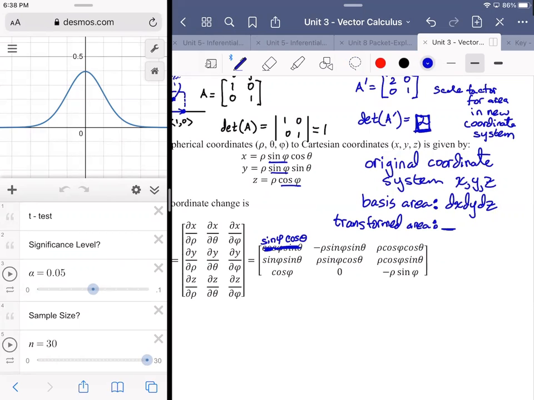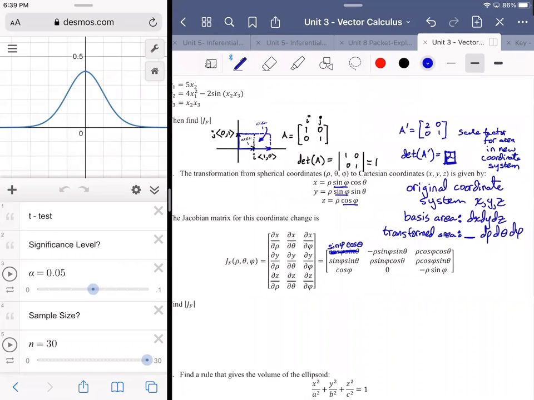So I know I'm going to have a d rho, d theta, d phi. Doesn't matter the order because we're treating it as rectangular in nature. So we'll say we did it as theta phi here. Once we figure out what that scalar multiple is, then we'll know the conversion factor that allows us to relate the spherical variables to the rectangular variables.